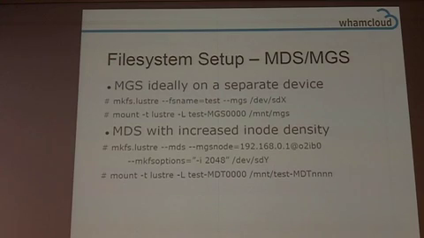So it's desirable these days, and we recommend that the management server have a separate storage device. It can be LVM, just a small partition, but if you ever expand your file system in the future, it's just easier to have it on a separate device.